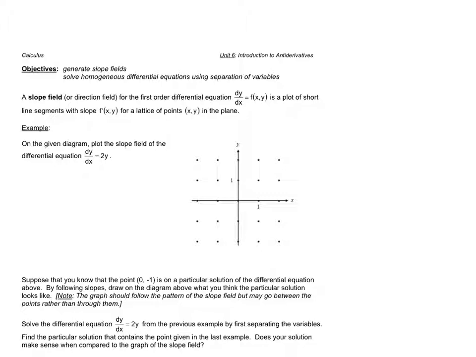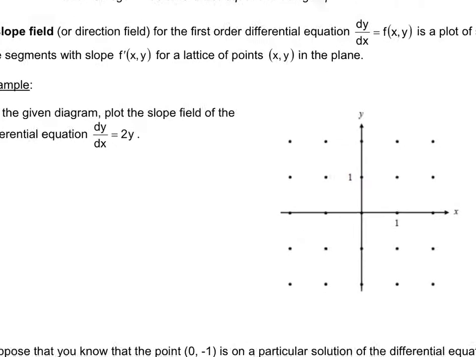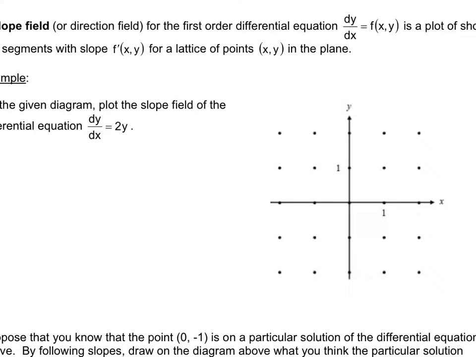So what we're going to do here is create a table of values corresponding with this differential equation, dy/dx equals 2y. You can see the independent variable here is just the y value. I'm going to make a table with the y values and the corresponding values of dy/dx.